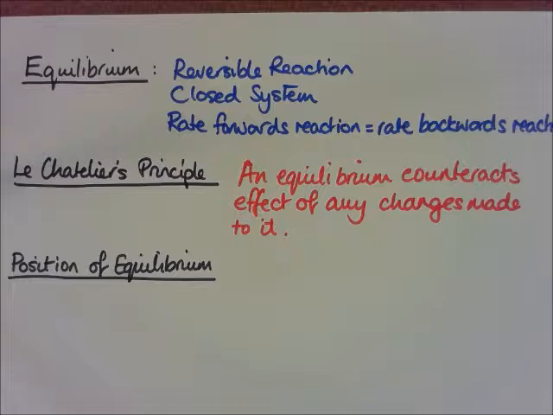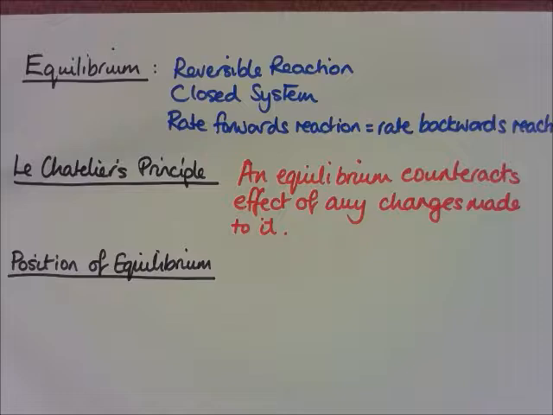And that is what is referred to as equilibrium. However, if we make a change to the equilibrium, it will counteract the effect, and therefore it will shift from where its starting point is to a different balance. And that is referred to as the position of equilibrium.